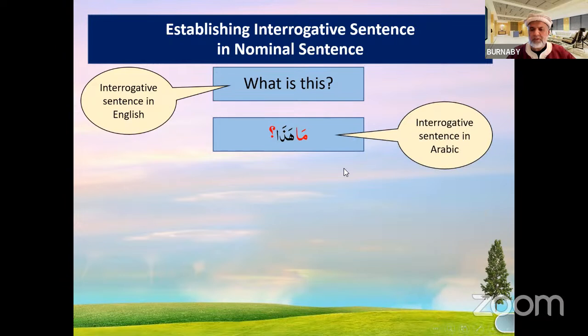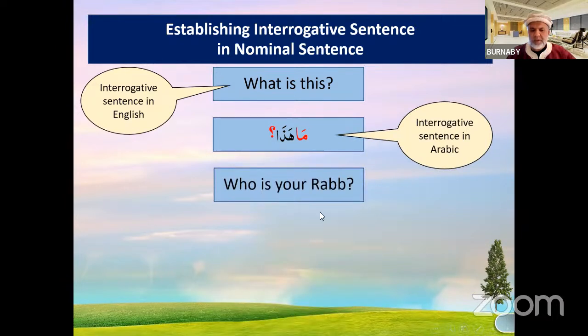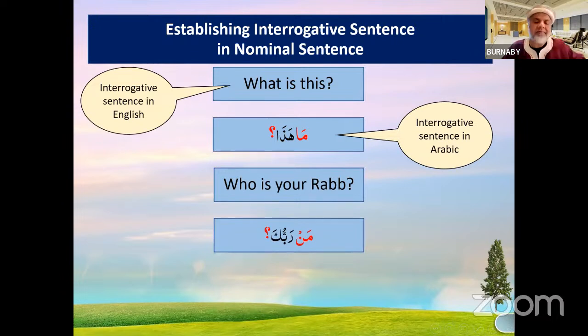If you have to say in the grave, remember there will be a question: Man Rabbuk? Who is your Rabb? In the first sentence we use the word ma. What was the second harf or asma istifham?